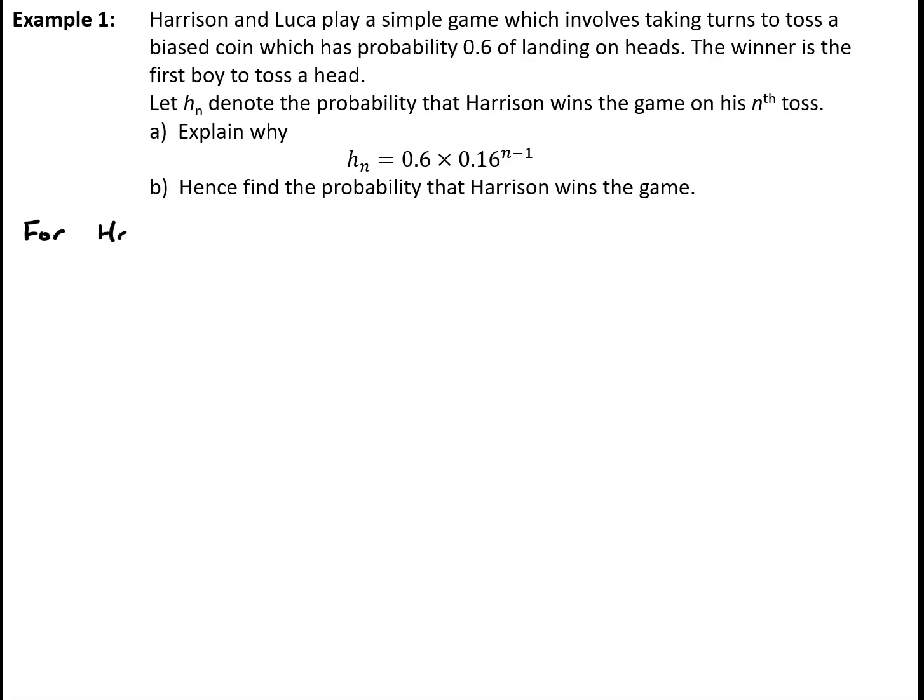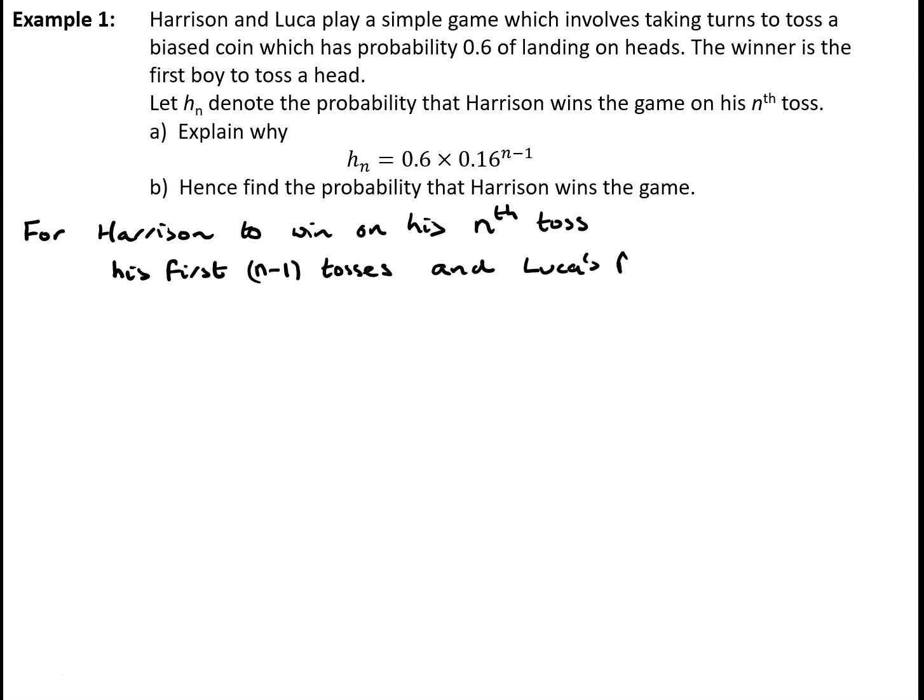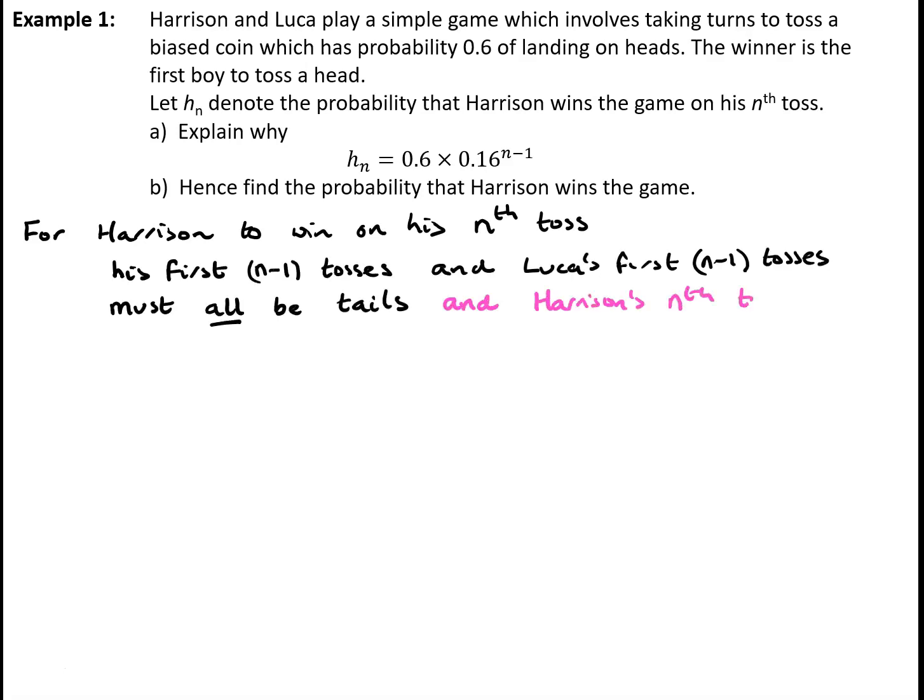Well, Hn is the probability that Harrison wins the game on his nth toss. So that means that the first n minus 1 tosses by Harrison and the first n minus 1 tosses by Luca must all have ended up as being tails, and that then Harrison's nth toss must be a head.